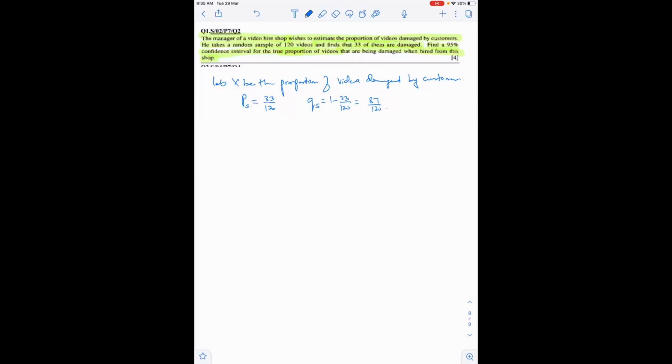Now n in this case is 120. So we will say x is the proportion of the sample plus minus the value of z and here we're going to write down the variance, which is pq upon n. This is how you're going to find out the confidence interval.